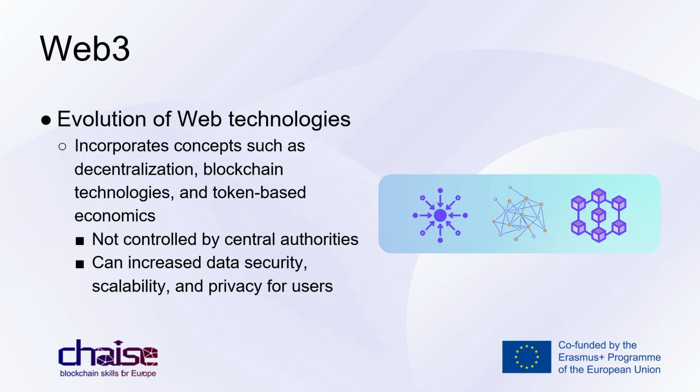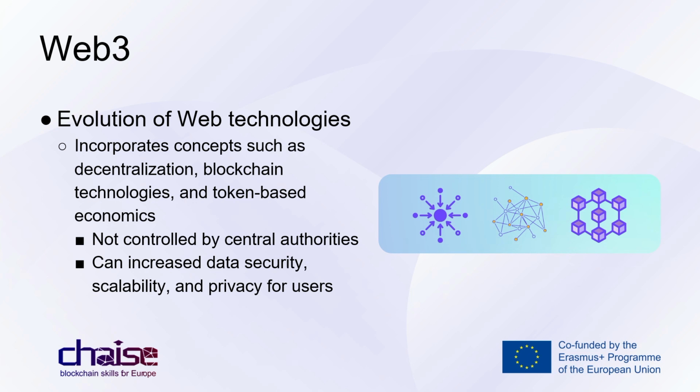So Web3 is the evolution of web technologies. Currently we have this centralized web, or Web 2. The Web3 notion is used for a new version of the World Wide Web that integrates decentralization, blockchain technology, and token-based economics like tokenization and other things which come under Web3.